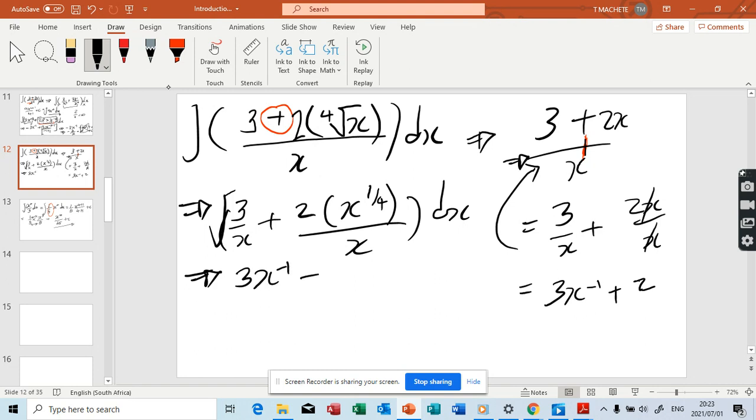Look, you see this? These are dividing the parts of the same base.